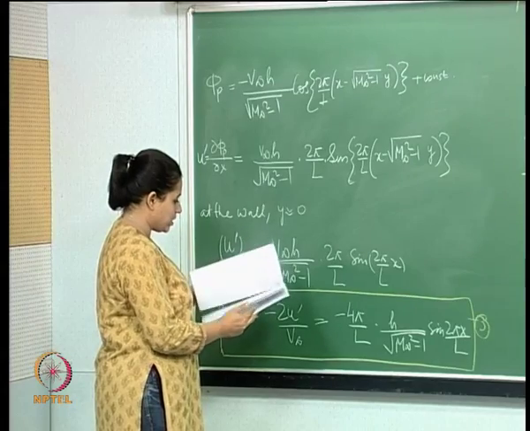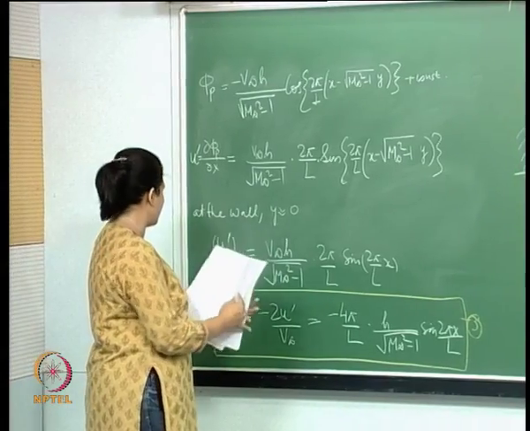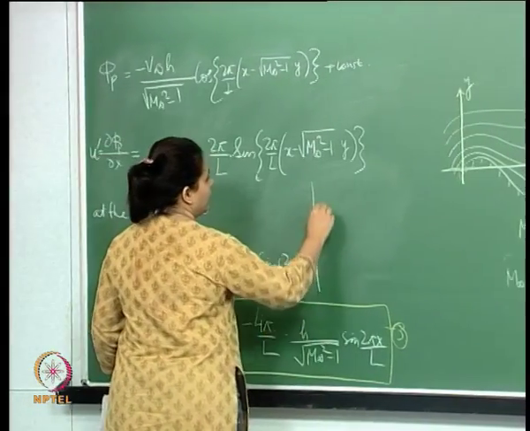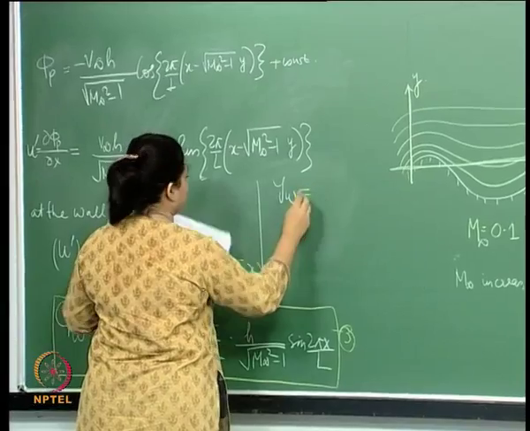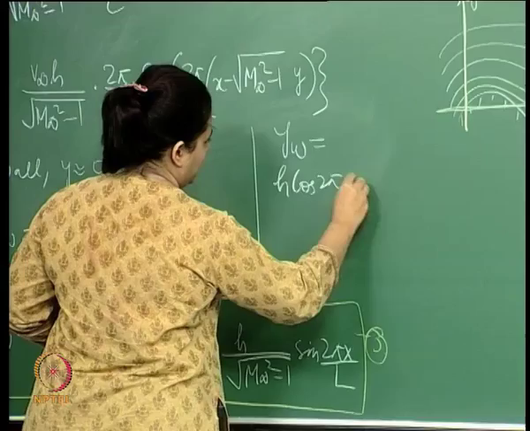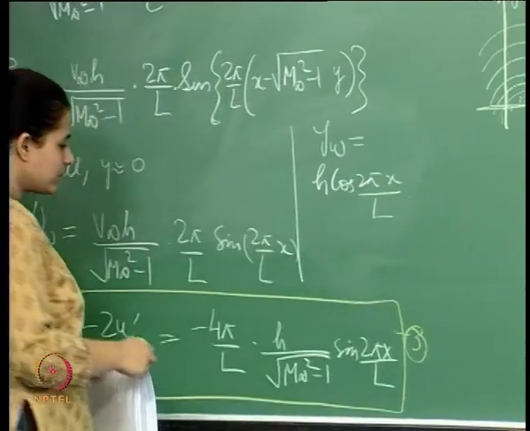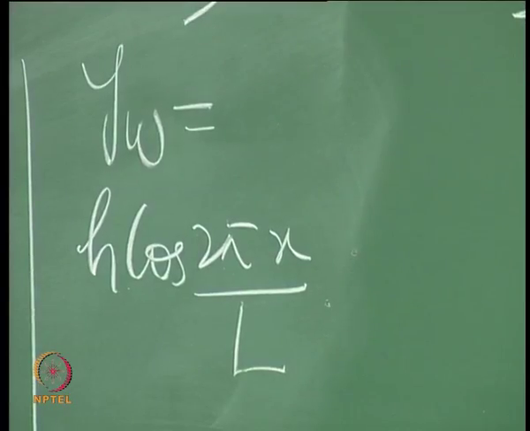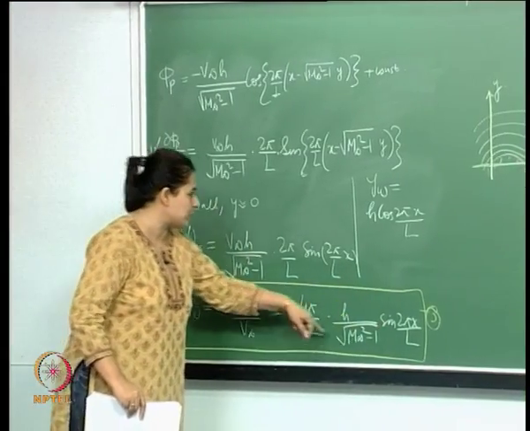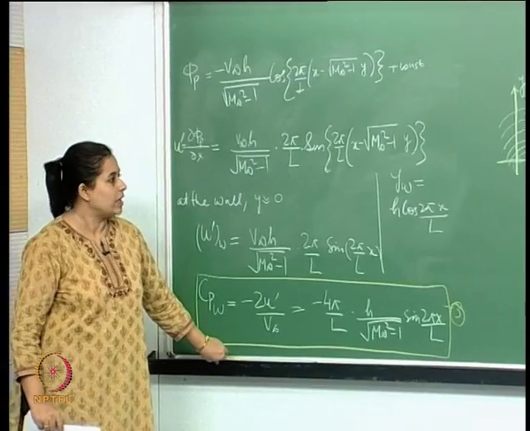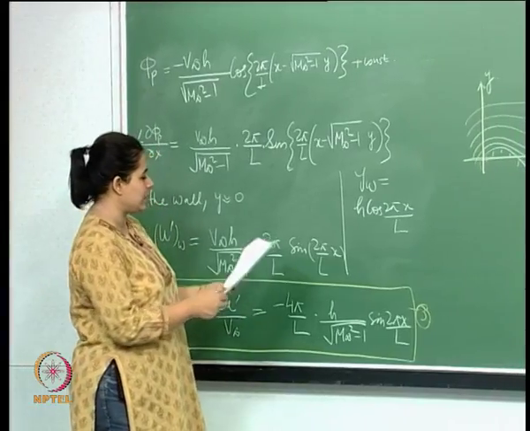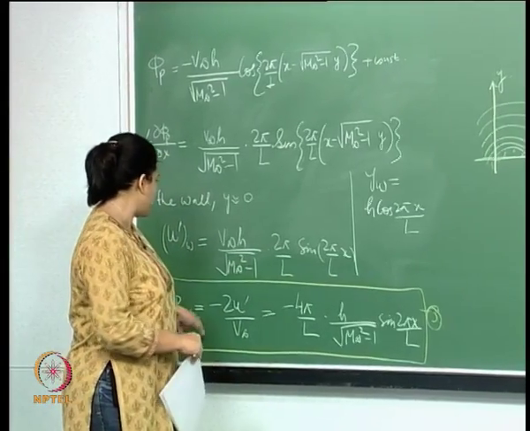The wall equation was, if you remember, the wall equation was this, and the pressure coefficient equation here is this. So let us see what this means, and if we can get a little better understanding of this.